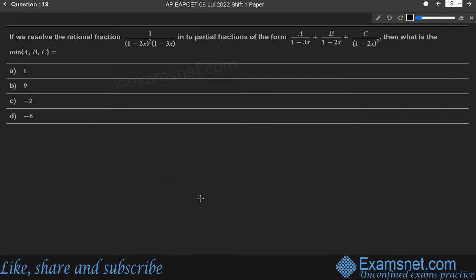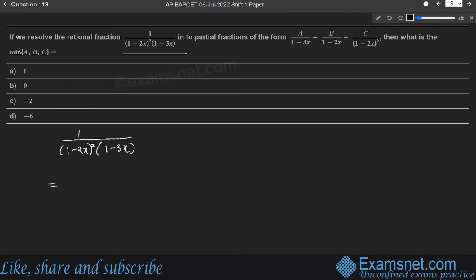Next question is, if we resolve the rational fraction 1 upon 1 minus 2x whole square into 1 minus 3x into a partial fraction of the form a upon 1 minus 3x plus b upon 1 minus 2x plus c upon 1 minus 2x whole square, then what is the minimum value from a, b and c? So first let us see this part, which is 1 upon 1 minus 2x whole square into 1 minus 3x.